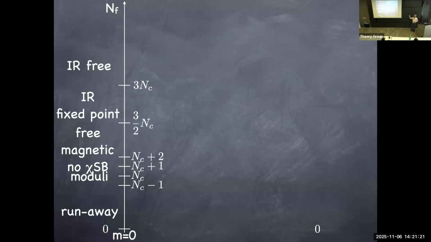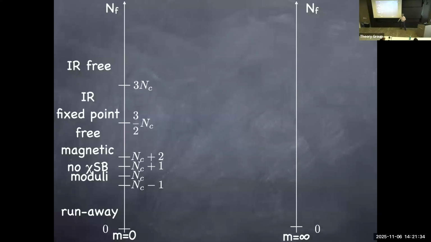So the point here is that the supersymmetric limit had been solved by Seiberg, but it doesn't look like the theories we want to study. What we know in the non-supersymmetric limit is very limited. If you go to a very, very high number of flavors, we know it becomes infrared free.